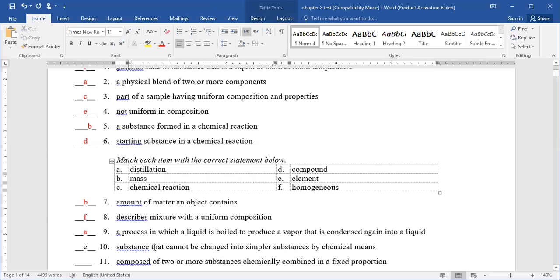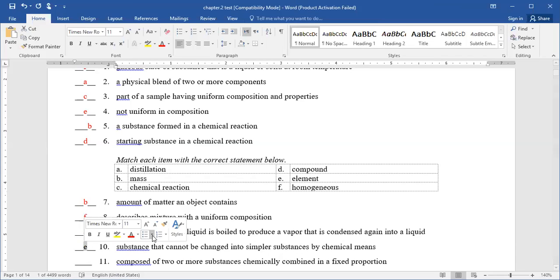A substance that cannot be changed into a simpler substance by chemical means, so I cannot do that. It will be the simplest one, which is element, number E. Number 11, composed of two or more substances chemically combined in a fixed proportion, it will be a compound.